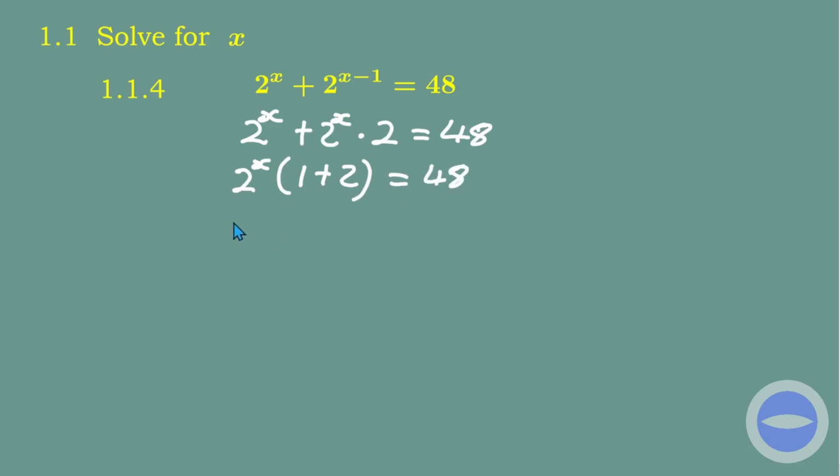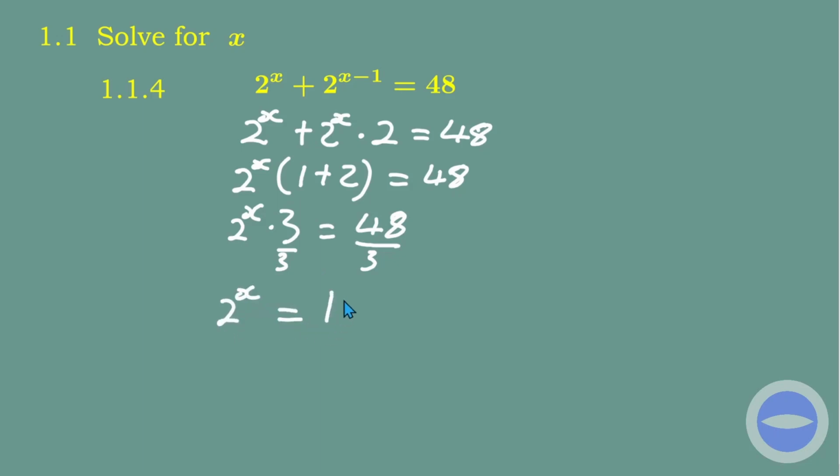So then I will have 2 exponent x multiplied by 3 equals 48. And then I divide everything by 3. 3 cancels 3, and 48 divided by 3 is equal to 16.